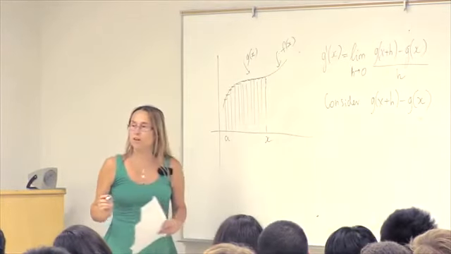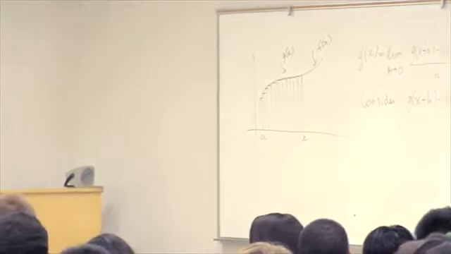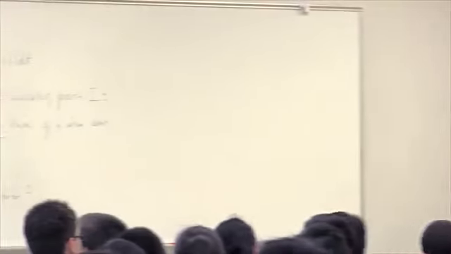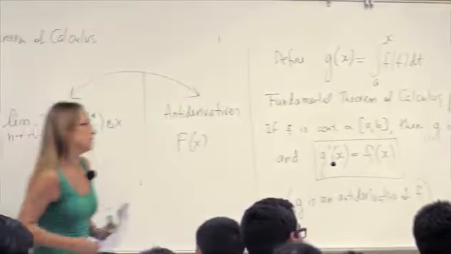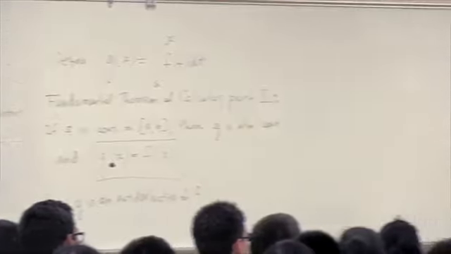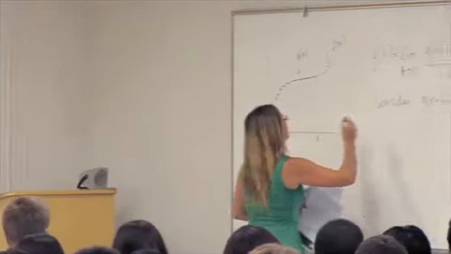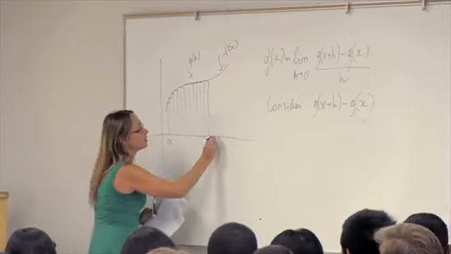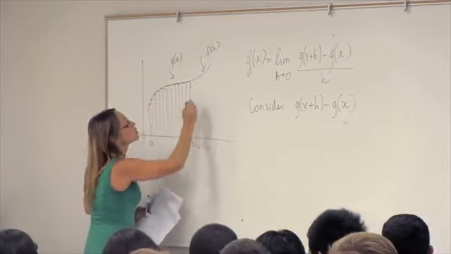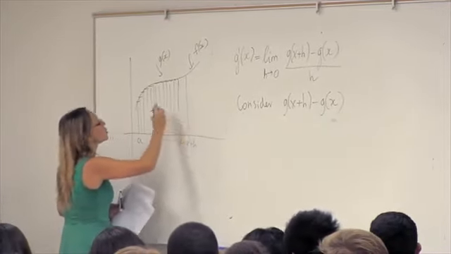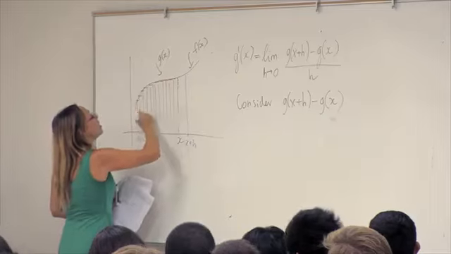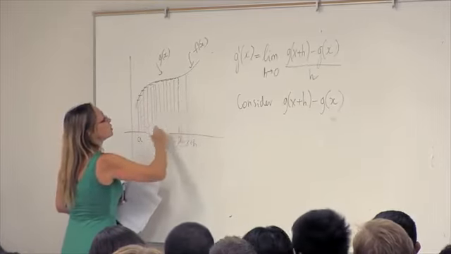Now, what's g of x plus h? Let me take a different color. To calculate g of x plus h, I don't stop here, but I stop at x plus h. So it's going to be the area all the way up to here.